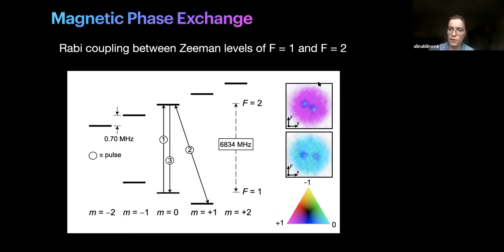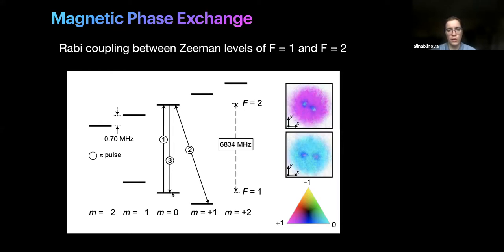At the top here on the right-hand side, there's a color triangle representation. So we start with a ferromagnetic condensate in the +1 state with 0 polar cores.